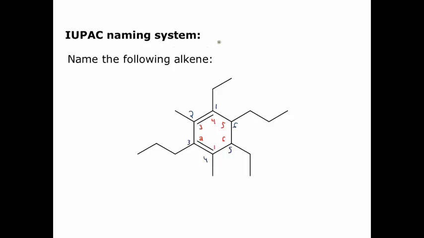So let's start with the counterclockwise. My double bonds are at carbon 1 and 3, and then I've got branches at carbons 1, 2, 3, 4, 5, and 6. I've got branches at every single carbon.